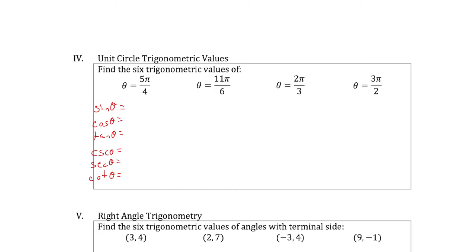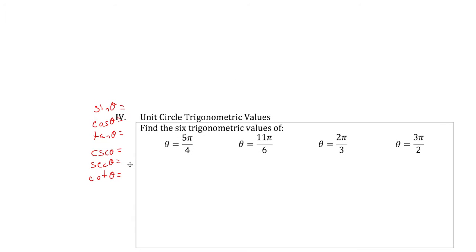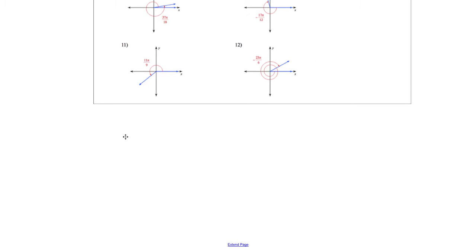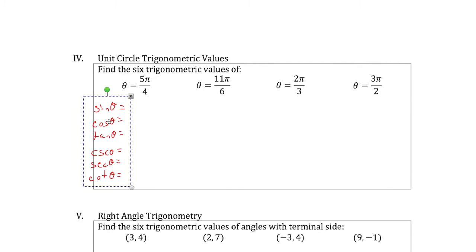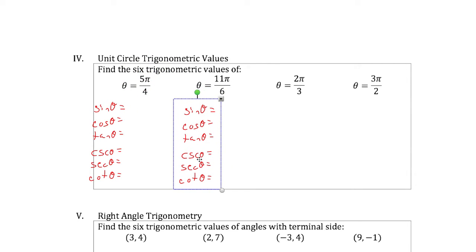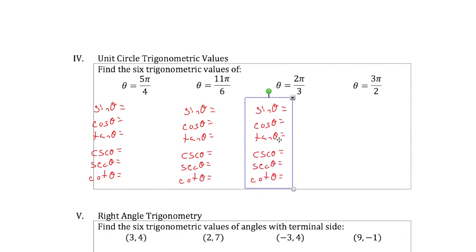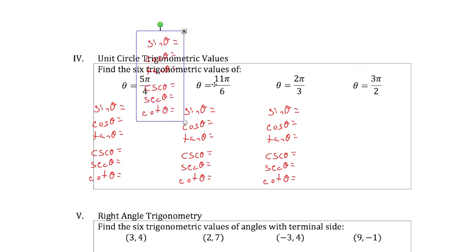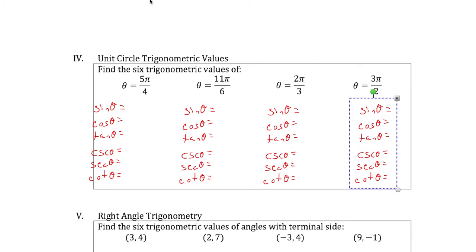Lovely. Sorry, I'm just trying to copy this. There we go. So it's going to get a little busy in here, a little tight in here. But again, some of these values we should already know. So for example, 3 pi over 2.